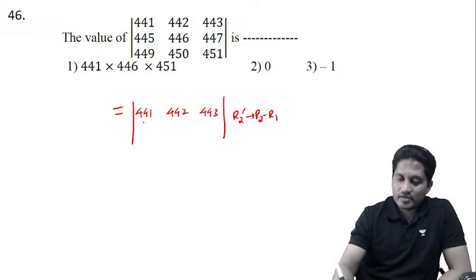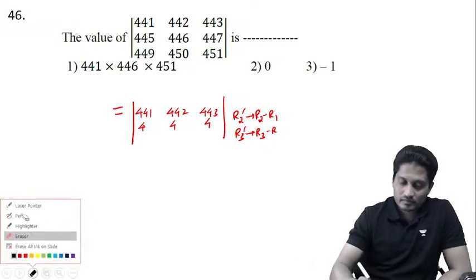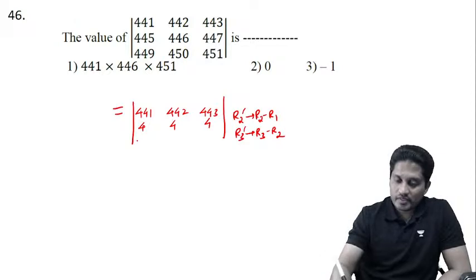Now if I subtract, you get 4, 4, 4. Change R3 to R3 minus R2. If you subtract, you will get 4, 4, 4 again. Two rows are identical, so the answer is 0.